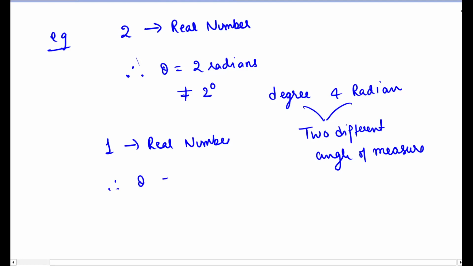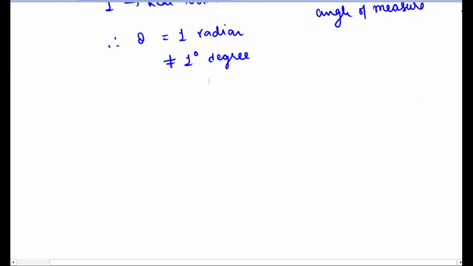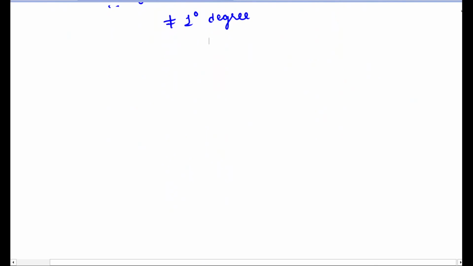Therefore, theta is equal to 1 radian, which is not equal to 1 degree. Similarly, for many other real numbers, we can directly write them as angle measurements in radians.